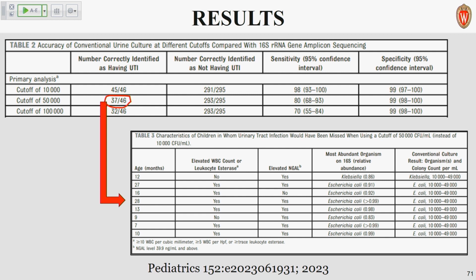So based on the ribosomal RNA reference method, that was their justification for proposing a much lower cutoff for significant UTI at 10,000. And when you look at the middle column, as indicated by the arrows, at that 50,000 cutoff, there were 9 total misses, which is thrown into table 3 that you see down there.